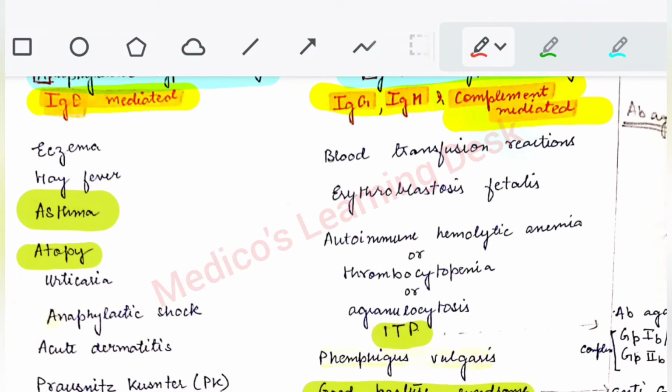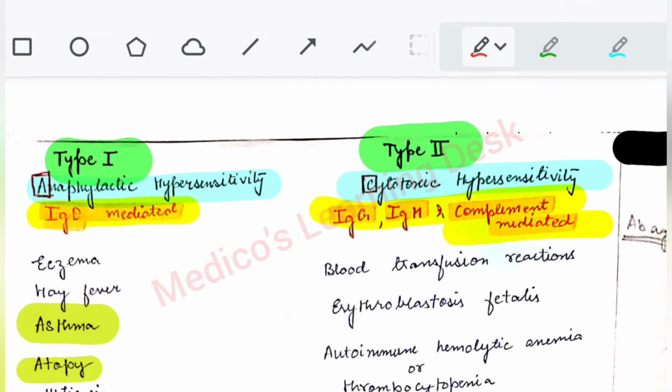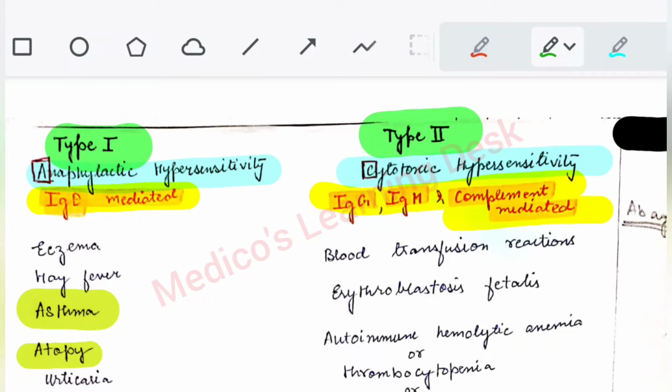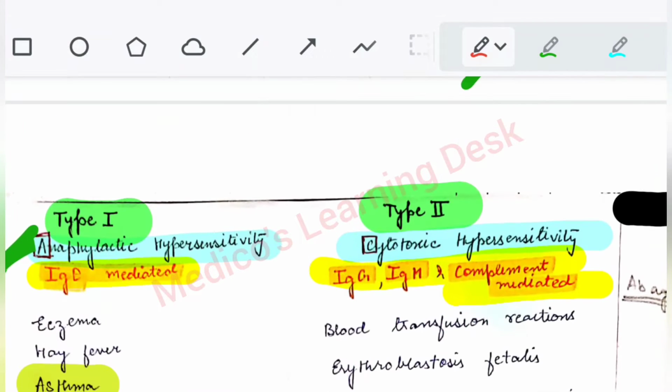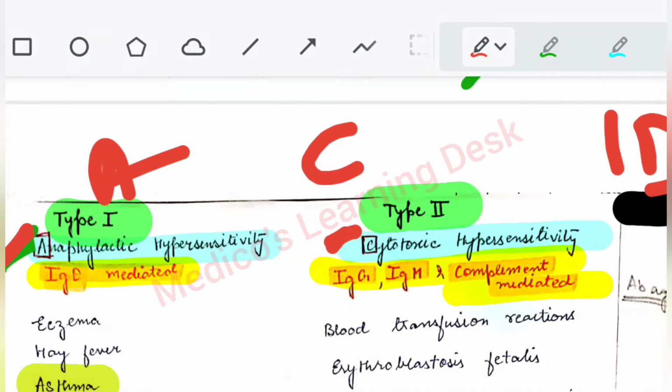A is anaphylactic, C is cytotoxic. ACID, right? So A is type 1 anaphylactic, C is cytotoxic, that is type 2.